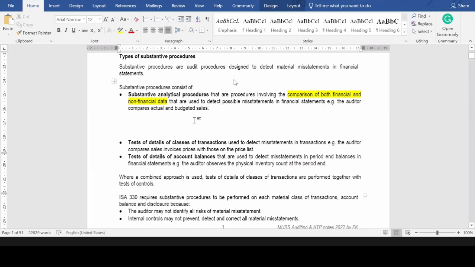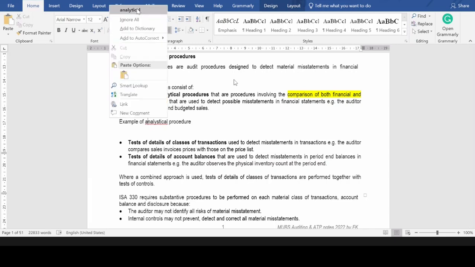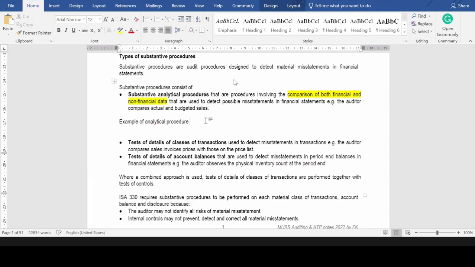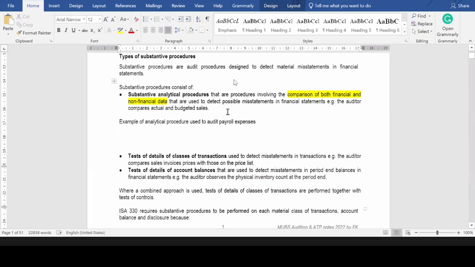So this can be an example of an analytical procedure. Assuming you're auditing payroll expenses, one of the substantive tests you're going to use is the substantive audit analytical procedures.